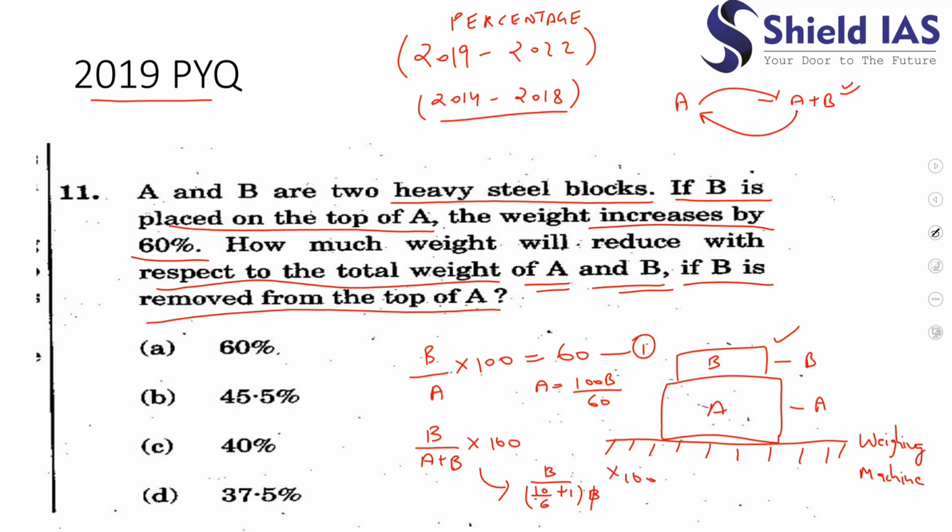B cancels, so this would be 6 upon 16, into 100. That is 12.5 into 3, so it would be 37.5%. So the correct answer to this question would be D.